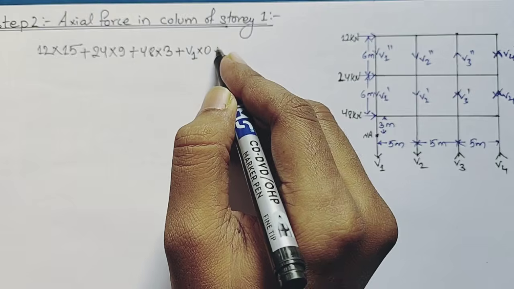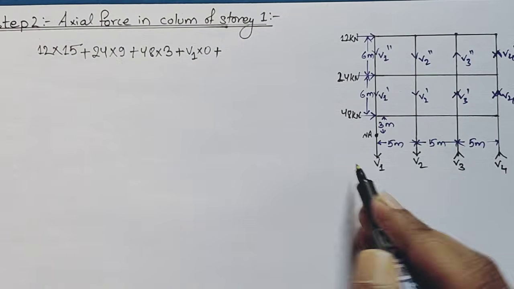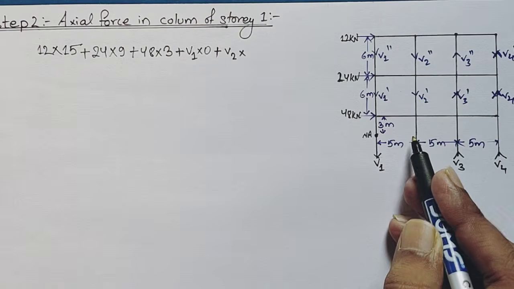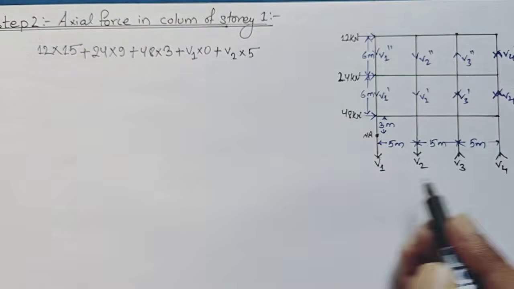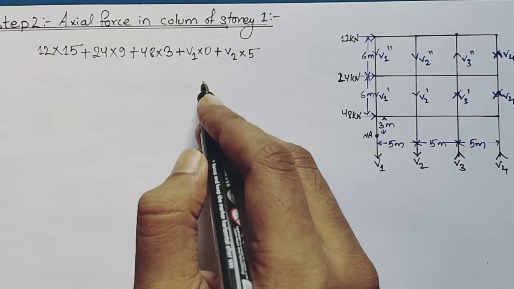Similarly plus V2 will also take clockwise moment, so plus V2 multiplied by the distance of V2 from this NA, which is 5 meters, so 5. And see here guys, V3 and V4 are taking anticlockwise moment, so it will be negative.